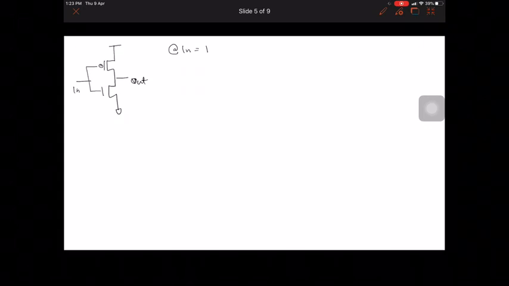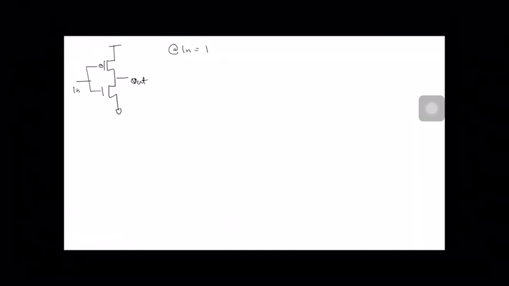The NMOS turns on. The NMOS now we can replace as a resistor, and it is connected to the ground.